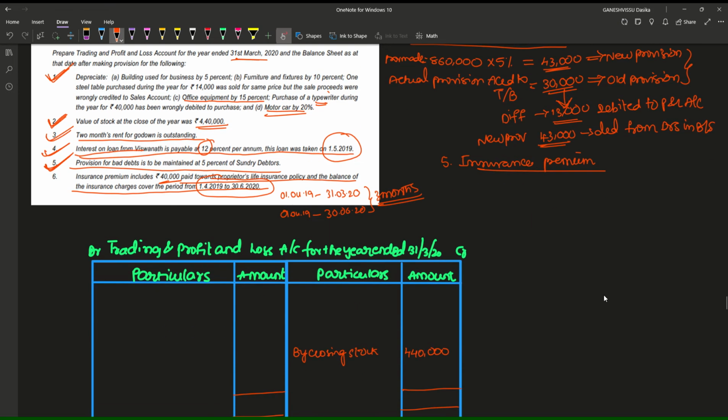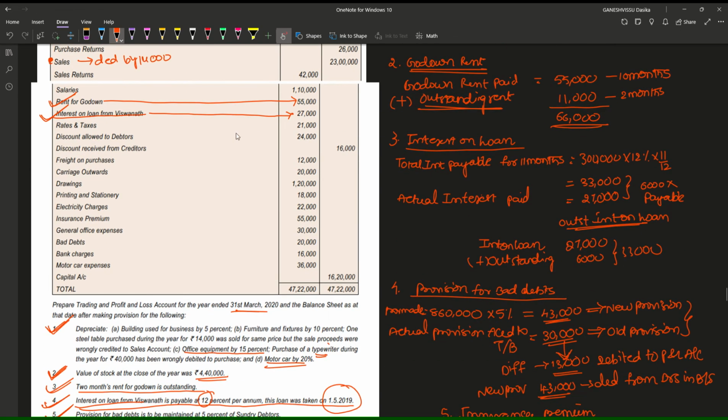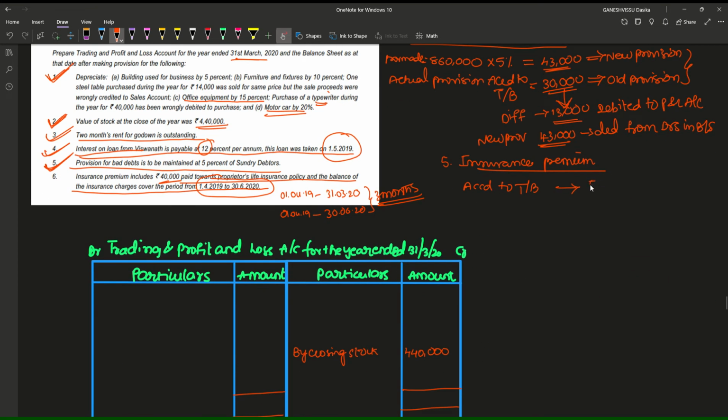Right? According to trial balance, insurance premium is what? Let us see. Here we have insurance premium, 55,000 rupees. According to trial balance, 55,000 is there, and we need to deduct this 40,000 because this is related to the proprietor capital side.